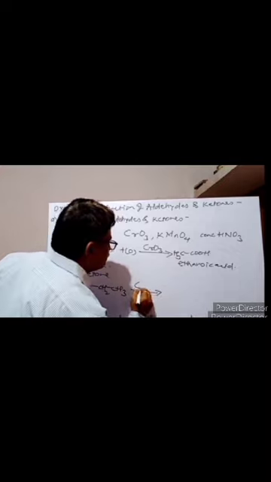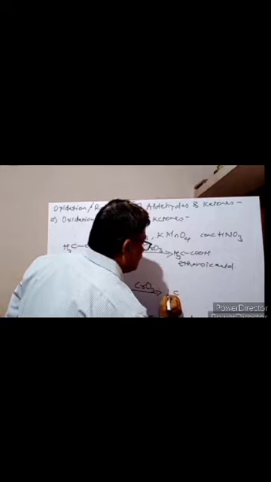Here is CH3, C double bond O, CH2, CH3. This is called butan-2-one. On oxidation in presence of chromic acid again, it gives CH3COOH and CH3CH2COOH.